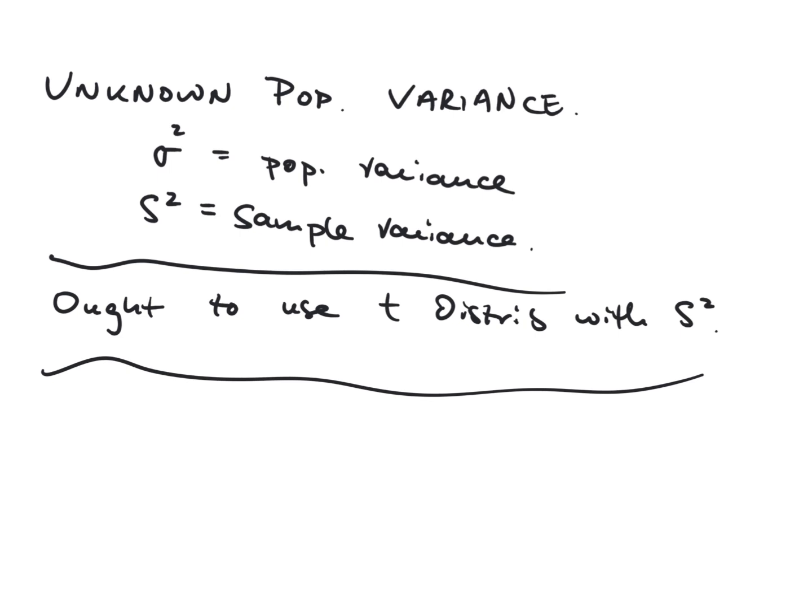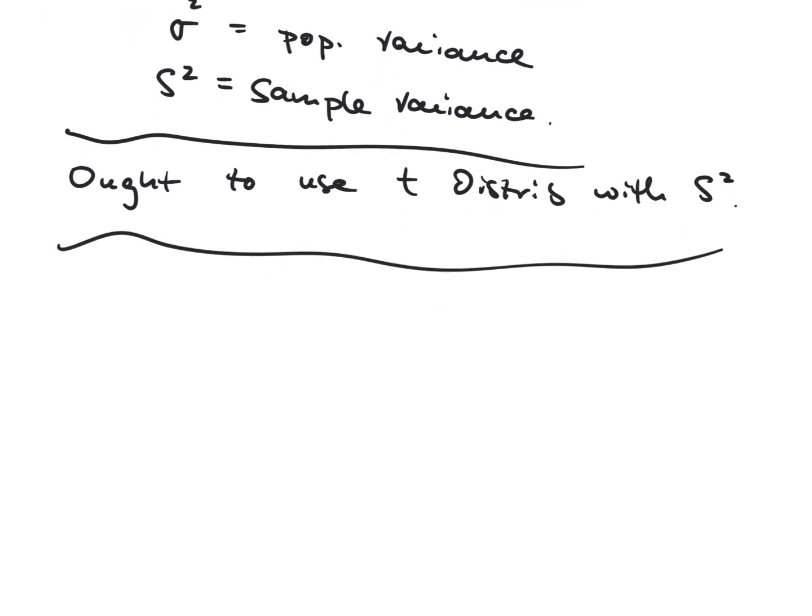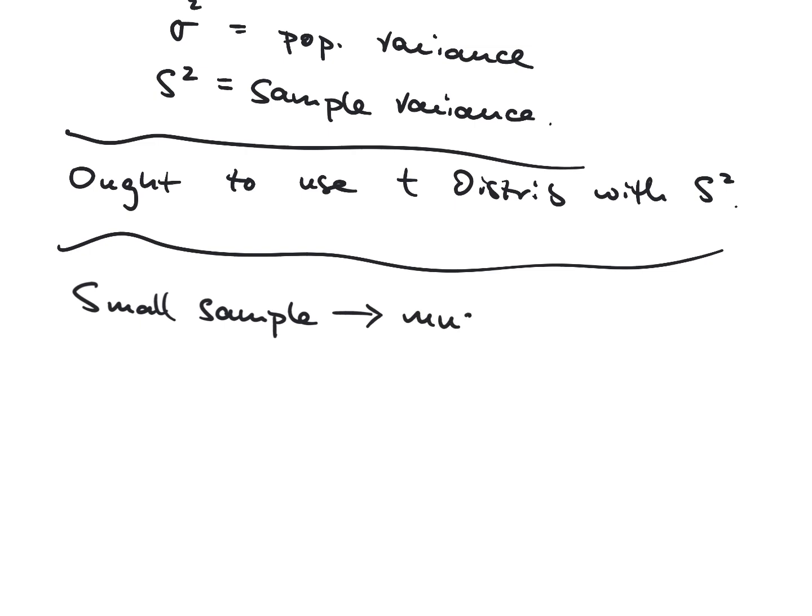So as a practical matter, the real distinction is if we are testing a hypothesis about means in a small sample, and we are using our sample variance, we must use the t distribution.